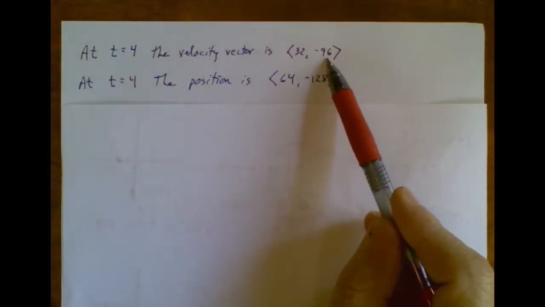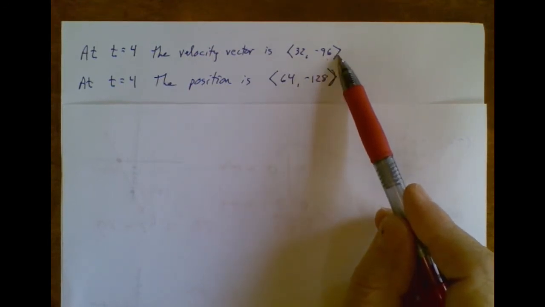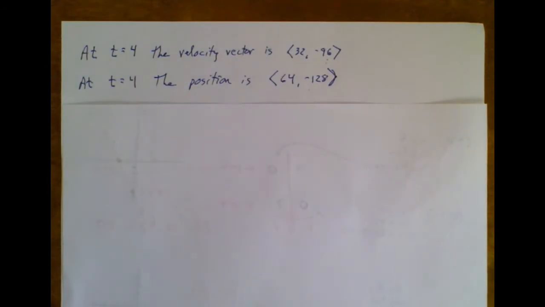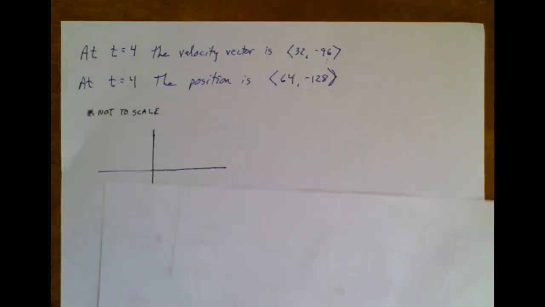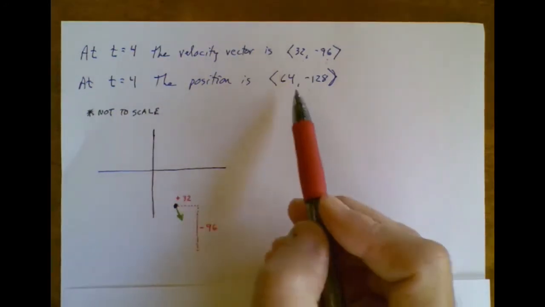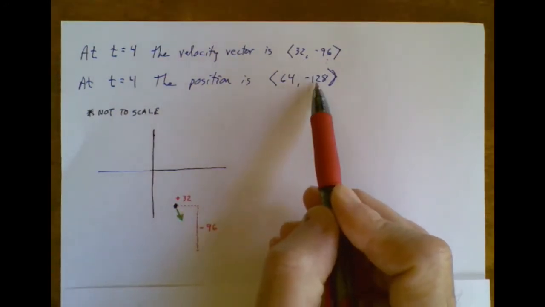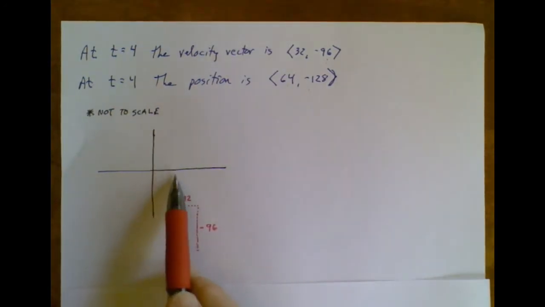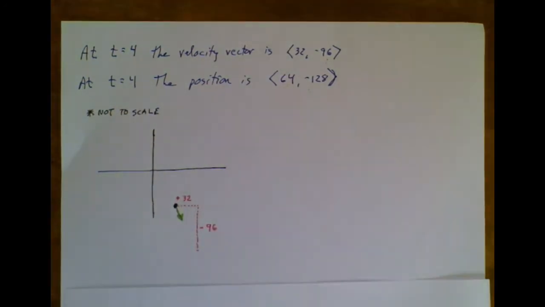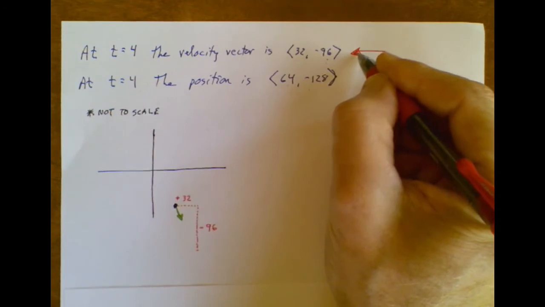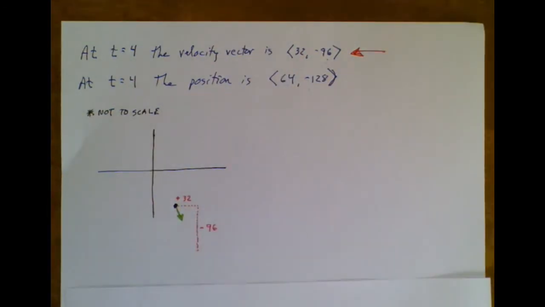So that was our velocity vector, and that was taking place when the particle was at this position. So I'm going to give you a not so accurate graph of this situation. Roughly speaking, the particle is at 64, negative 128. That's its position. But what I'm concerned about now is our interpretation of what's going on with the velocity vector.